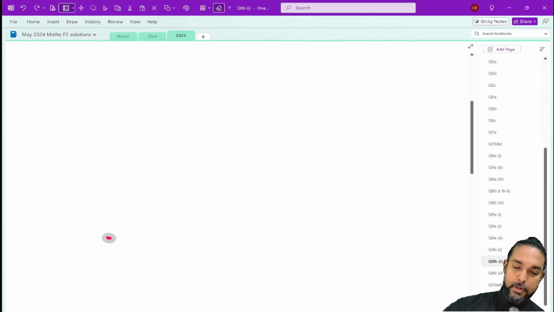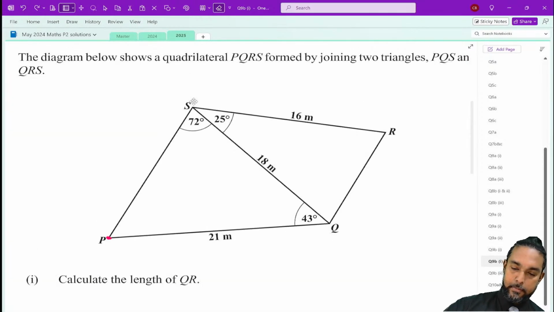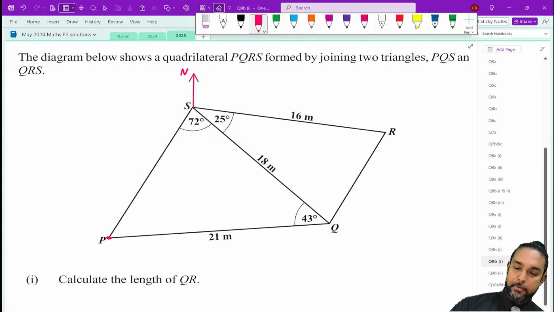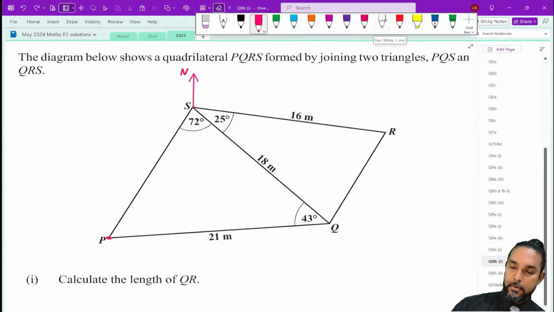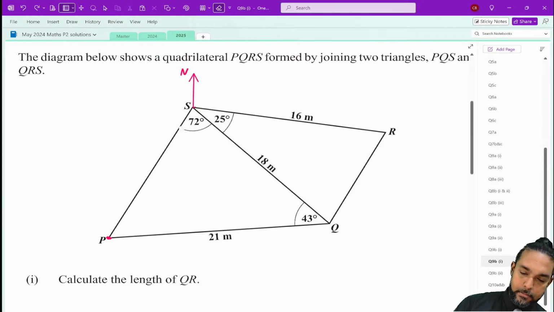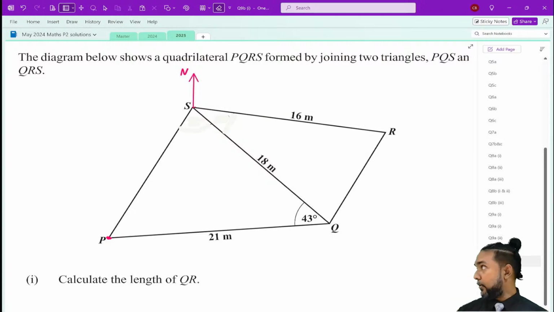Let me color out those angles there. All right, so it's colored out.